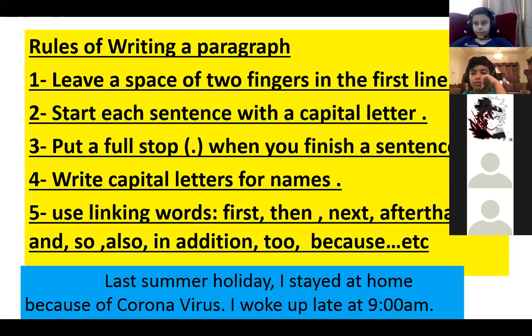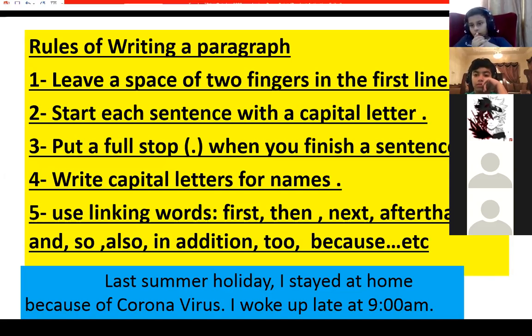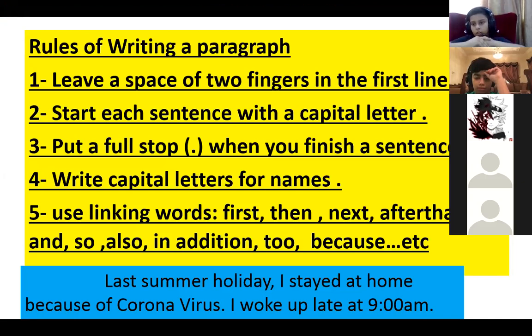And 4. Write capital letters for names. And 5. Use linking words. Like what? First, then, next, after that, and so, also, in addition to, or because. We must use these words to make our paragraph coherent.